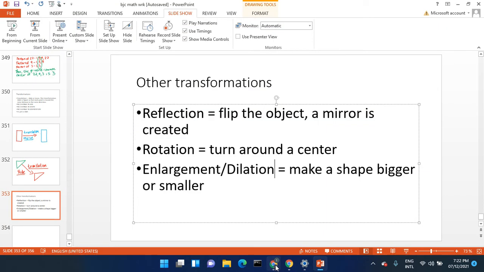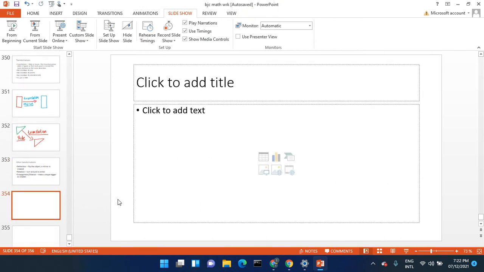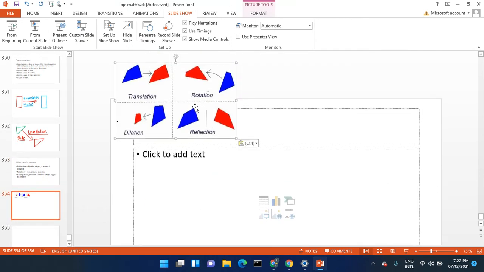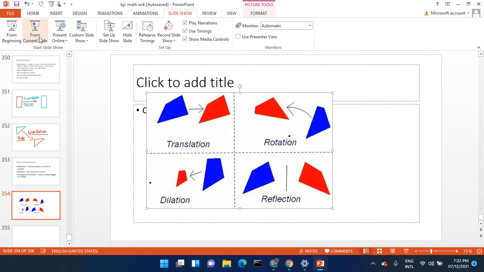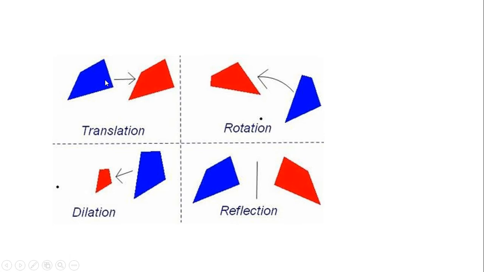For translation, notice that we just move the image, same image, we just slide it over. For rotation, we rotate the image about a fixed point. Dilation, we make it smaller or bigger. Reflection, we reflect it about a certain line.